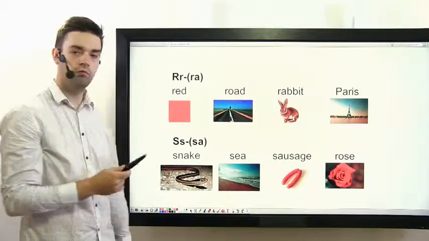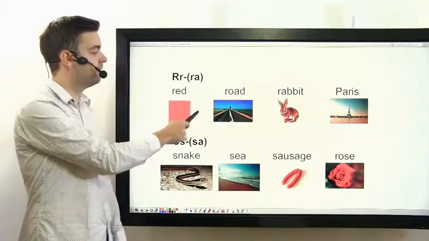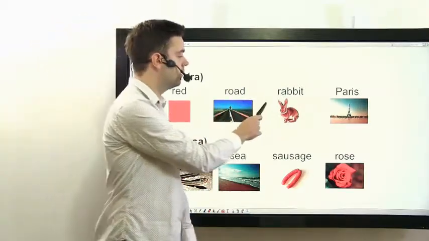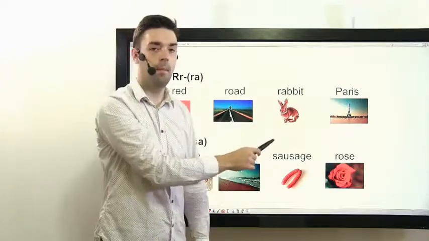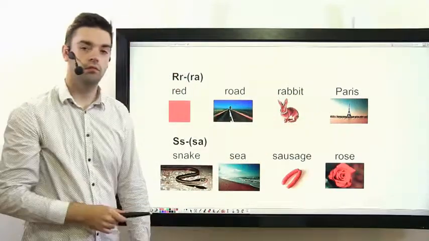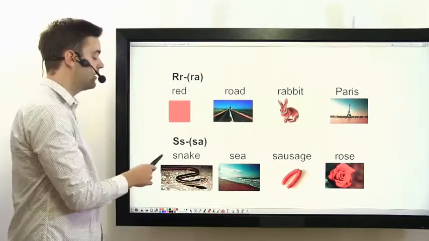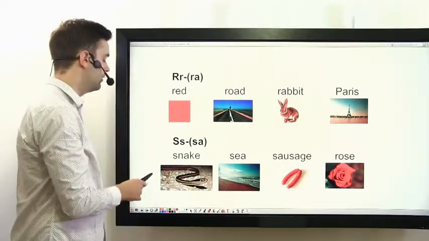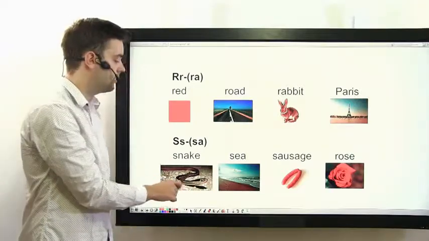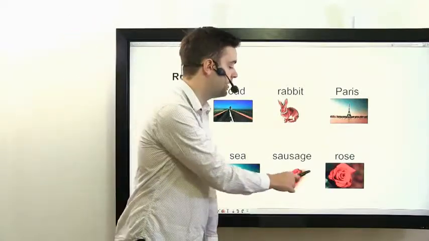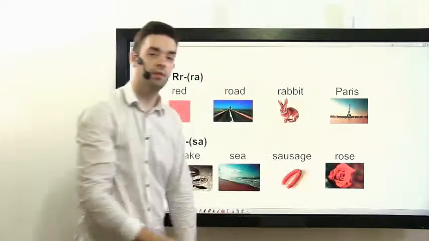R, red, road, rabbit, Paris. S, snake, sea, sausage, rose.